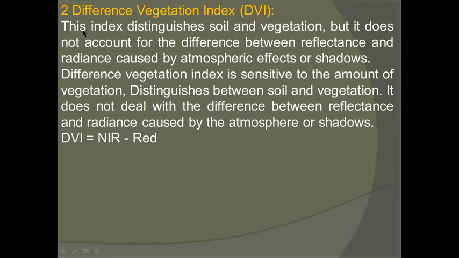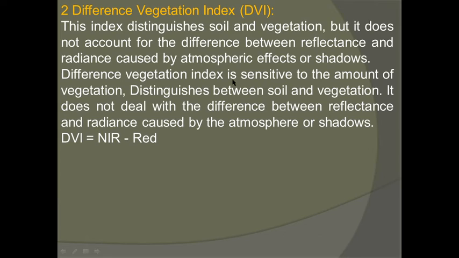Difference Vegetation Index. This index distinguishes soil and vegetation, but it does not account for the difference between reflectance and radiance caused by atmospheric effects or shadows.